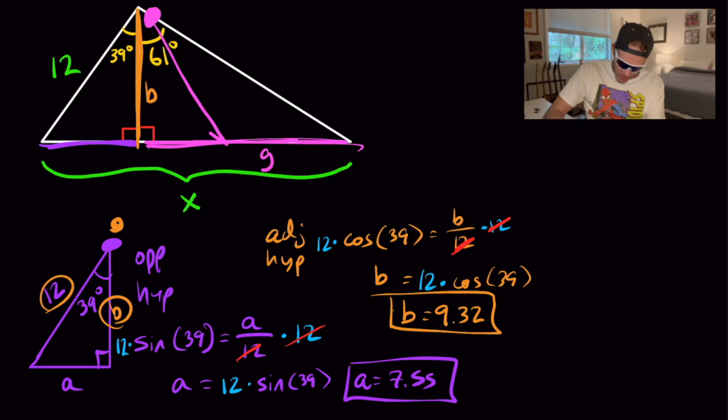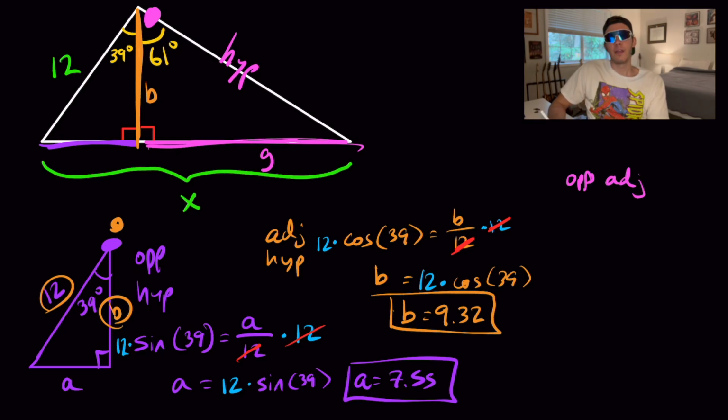So G is opposite of the 61-degree angle. So we've got opposite. And then B is going to be adjacent to the 61-degree angle, because remember, this side is the hypotenuse. So we got opposite and adjacent. And which of SOH CAH TOA involves opposite and adjacent sides? That's going to be tangent.